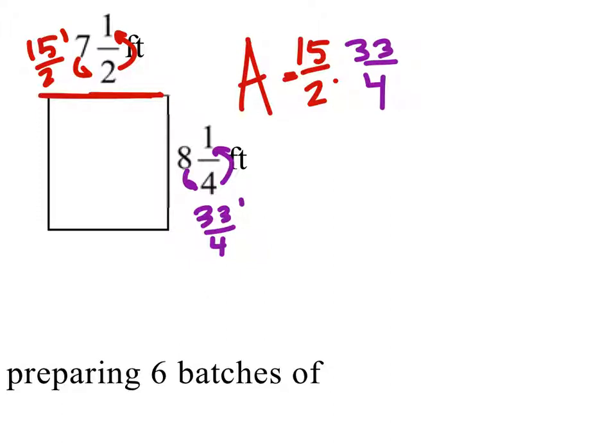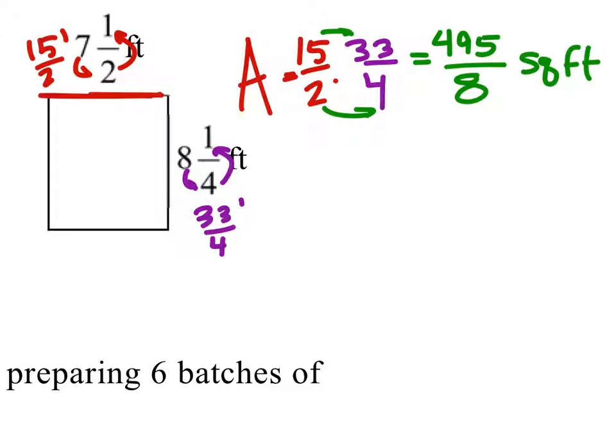Now to me it doesn't look like either of these can be simplified, but 15 times 33 is 495, and 2 times 4 is 8. Now since this is an area, and yes, this would be in square feet, let's go ahead and change this into a mixed number.